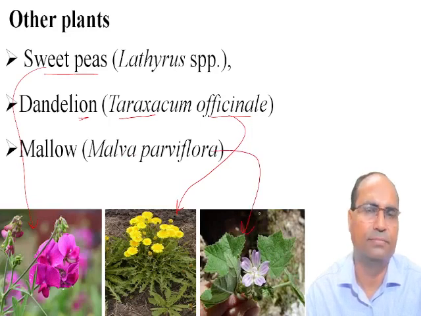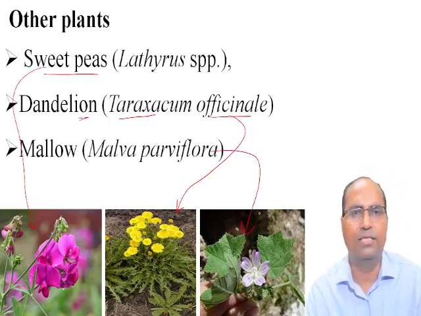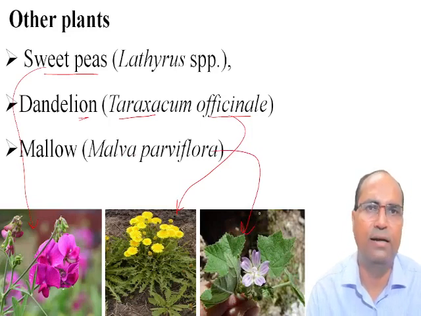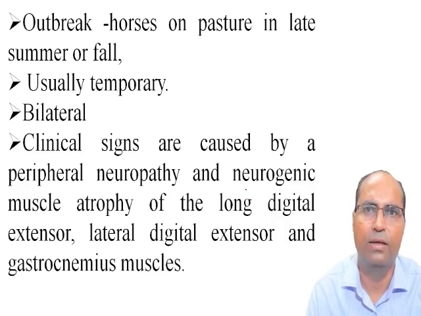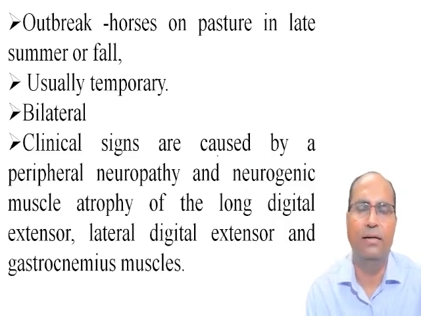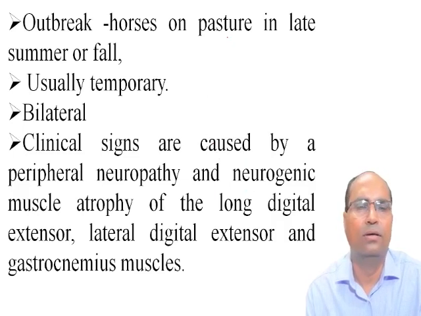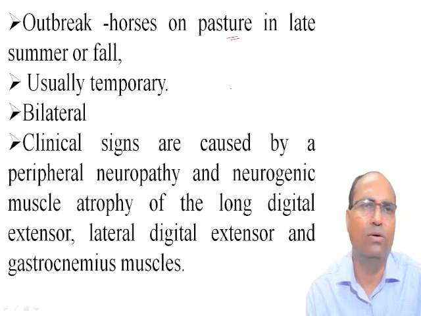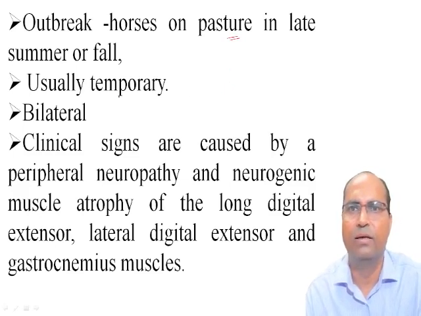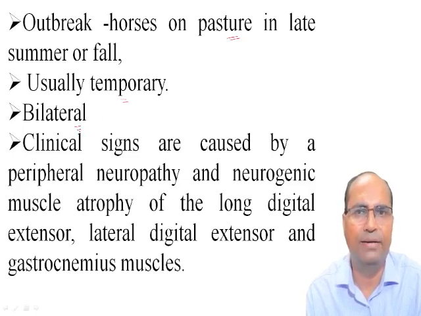These plants also cause Stringhalt in horses. Outbreaks of Stringhalt occur in horses on pasture in the late summer or fall. This is usually temporary and usually bilateral.